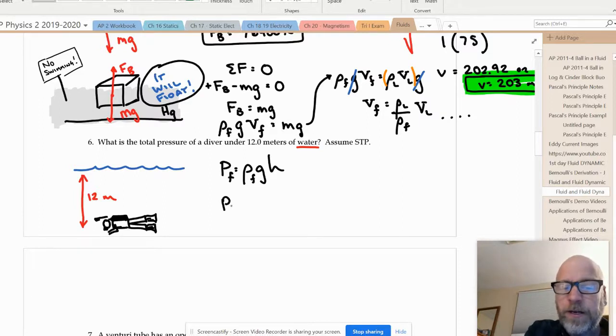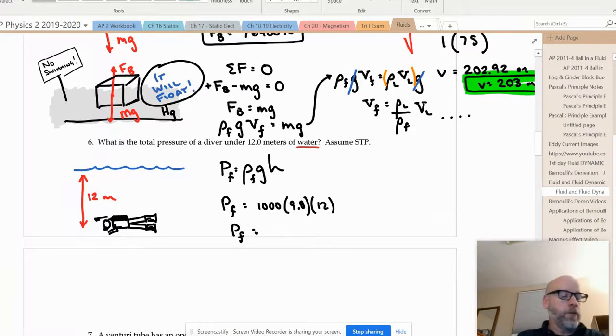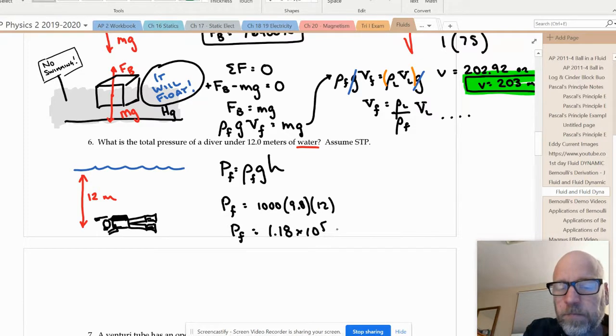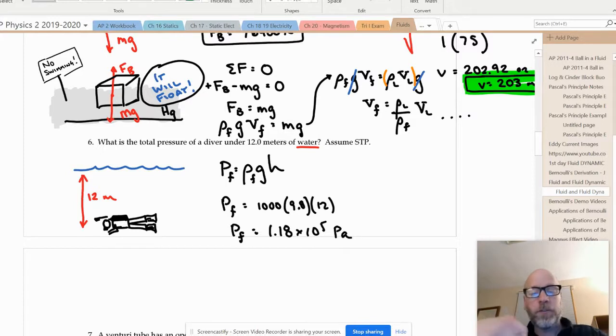It's in water, so 1,000 times 9.8 times 12, the pressure caused by that fluid. I got 1.18 times 10 to the 5th Pascals.